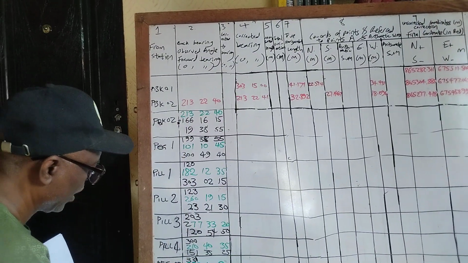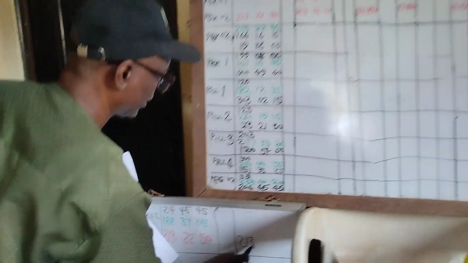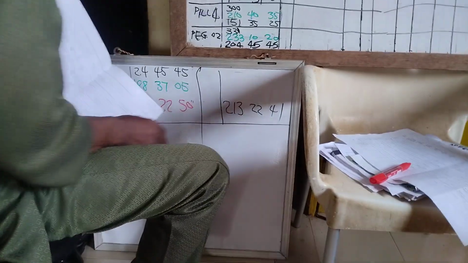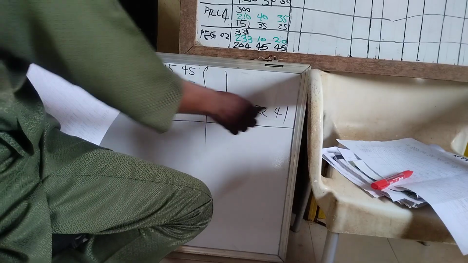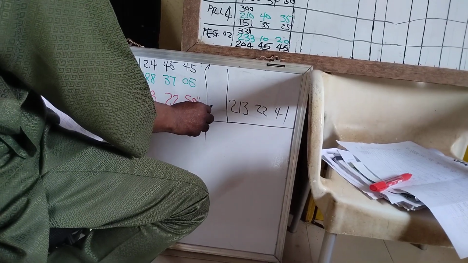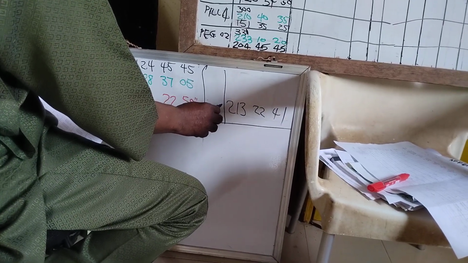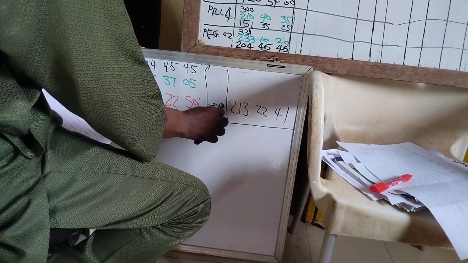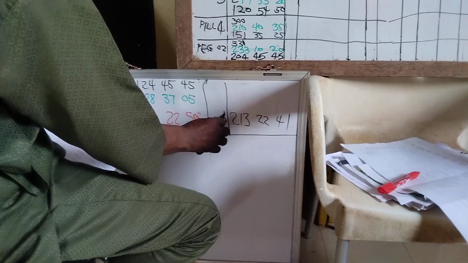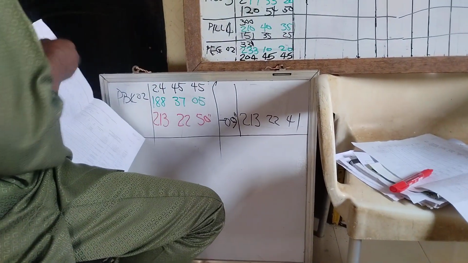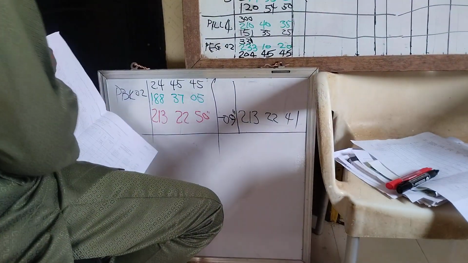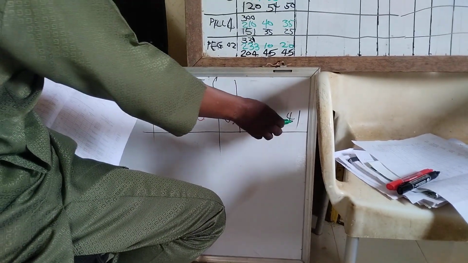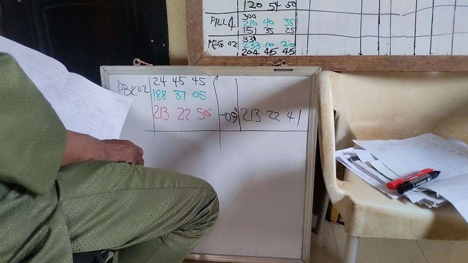You now assume that that's what you have: 213 22 41. So if you subtract this from this, it will give you minus 9 seconds. That means that if you subtract 9 from 50, it gives you 41.